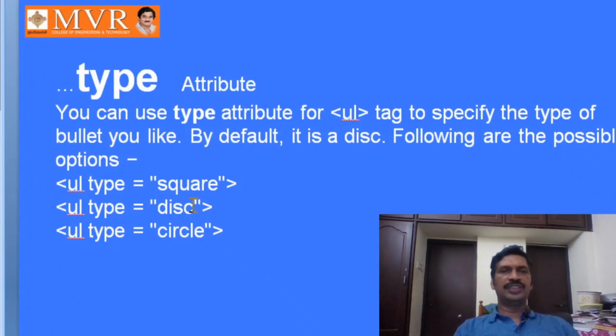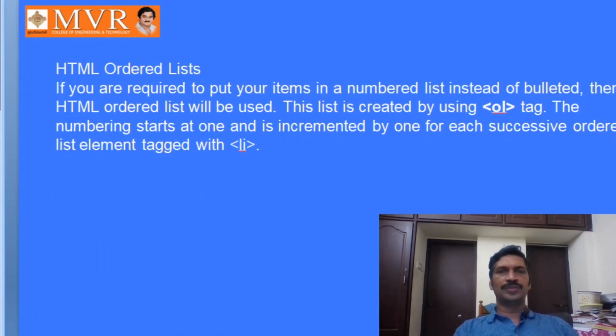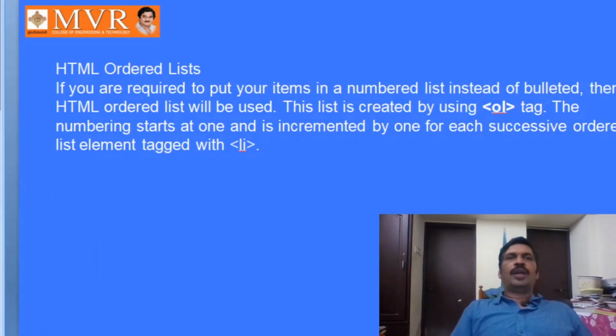Next, we will see the programs on ordered list. In HTML ordered lists, I want the items to be numbered 1, 2, 3, 4 like that, or Roman numerals. What will we do?